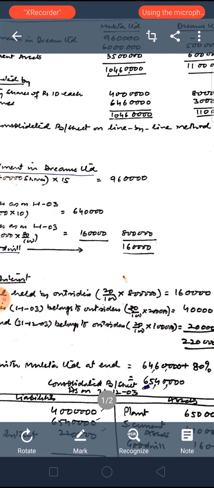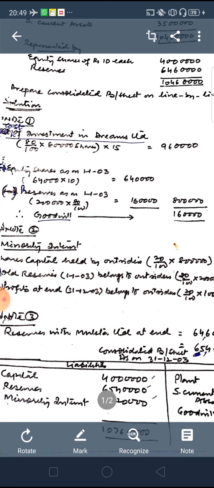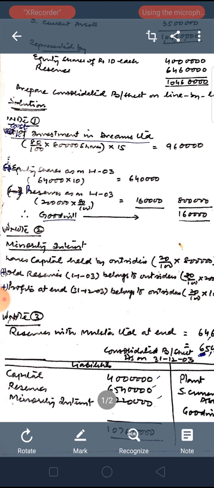Thereafter, we have to calculate the reserves with the investor company, Mukta Limited. They already had reserves of 64,60,000, and we add our share in the current year's profit, that is 80% of 1 lakh, so 80,000 is added.